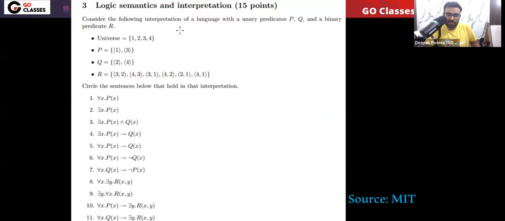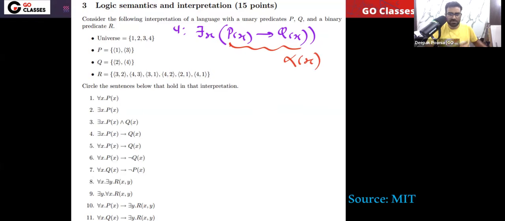The fourth one is saying there exists x for which if p is true then q is true, meaning p implies q. Existential quantifier will be true if for some element in the domain this internal thing is true. For a moment, let's call it alpha x.